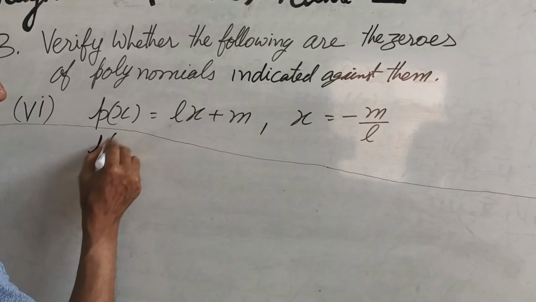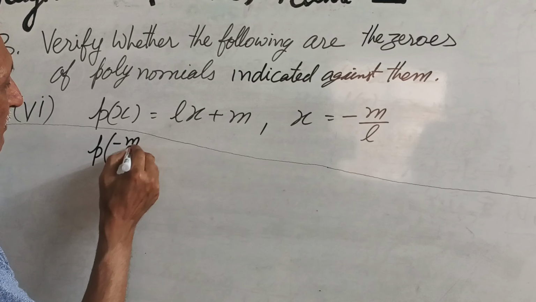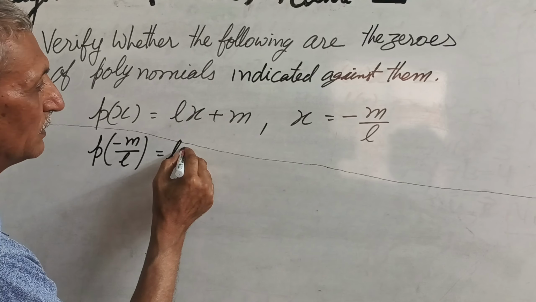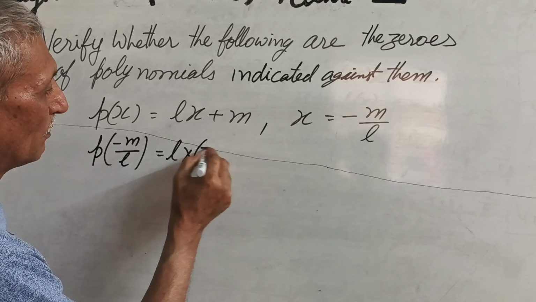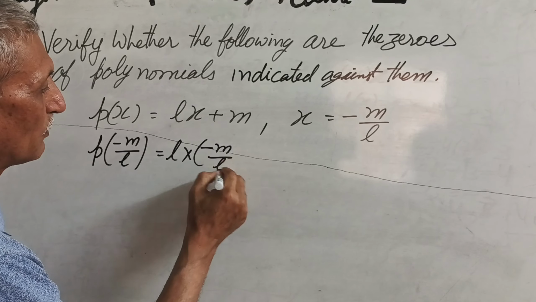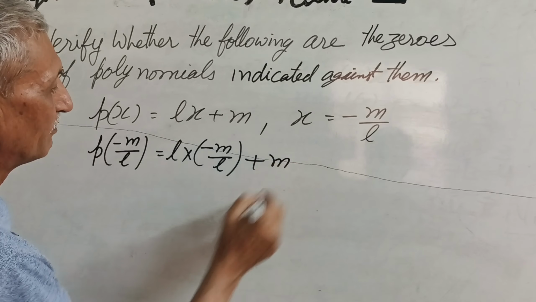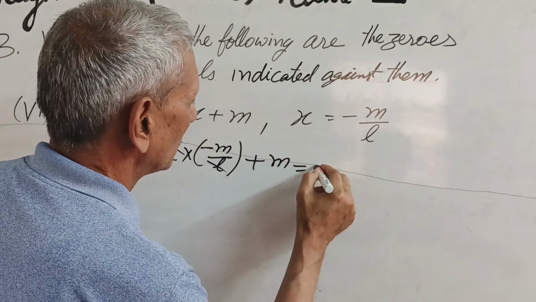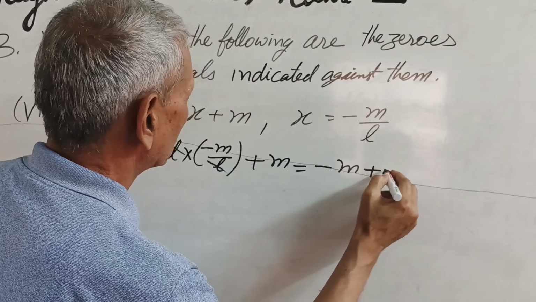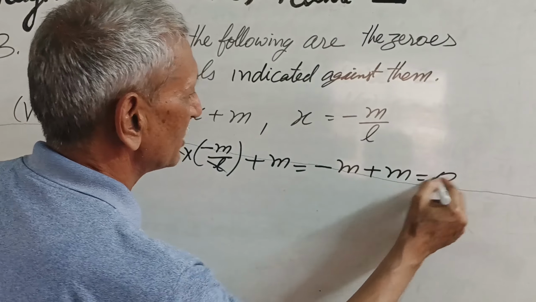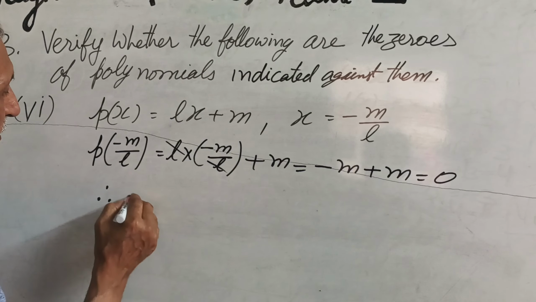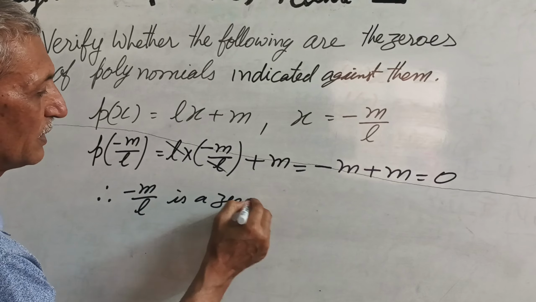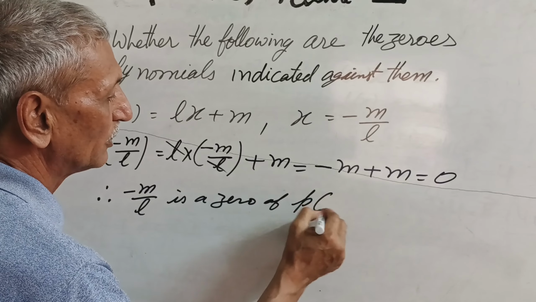So minus m upon L will be L into minus m upon L plus m, and L cancels L. This should give you minus m plus m, that should give you 0. Therefore minus m upon L is a 0 of the polynomial.